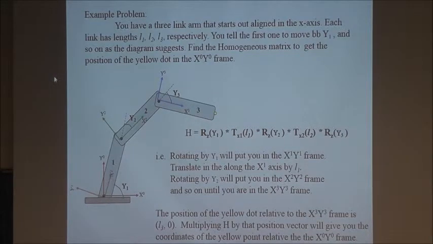So when you reach this point, all you need to do is multiply this vector in 2 dimensions by the H matrix to come up with the coordinate of the yellow point. That's it. This is a typical forward kinematics problem. You keep applying translation and rotation, one after another in a particular order, and then you end up with a point where you can say, I know where I am now. Okay?